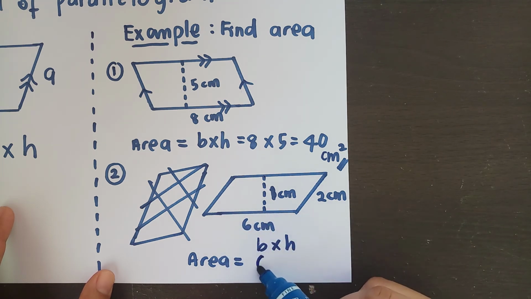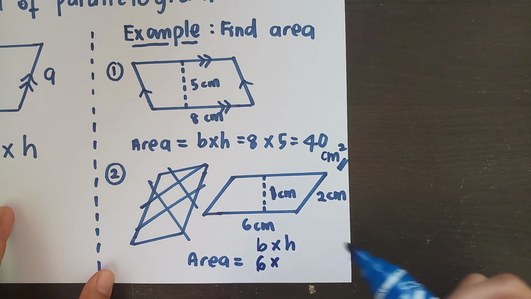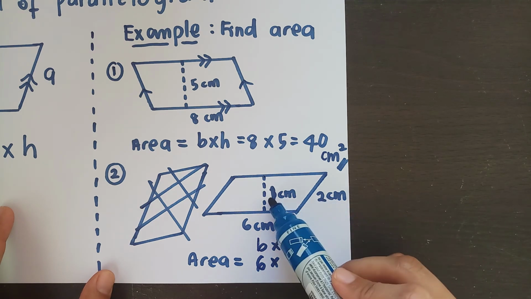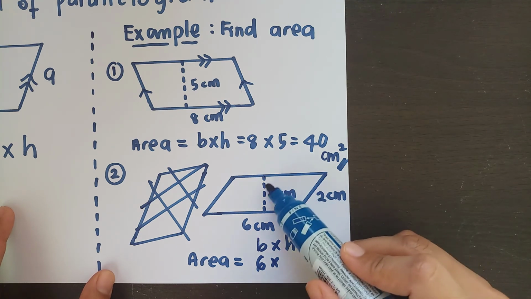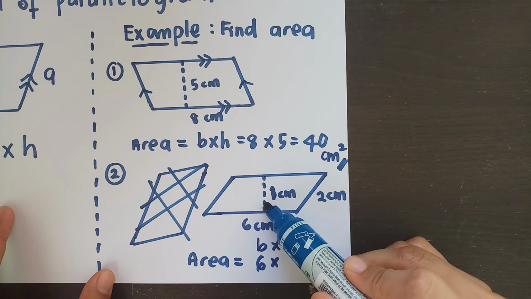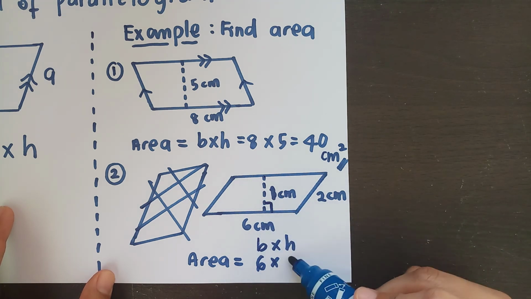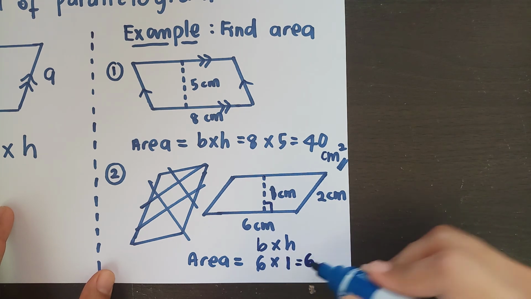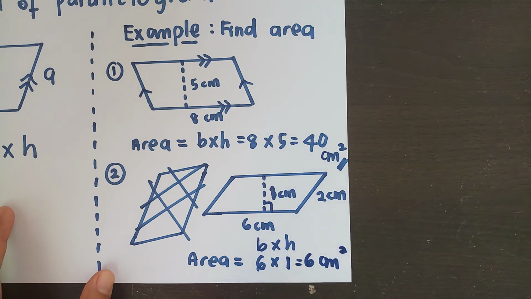So that is just 6 times height. Which one is the height now? 1 or 2? Which one makes a 90-degree angle with the base? That one. This is a 90-degree angle. So 1 is the height. So 6 times 1, that is just 6. What is the unit? cm square.